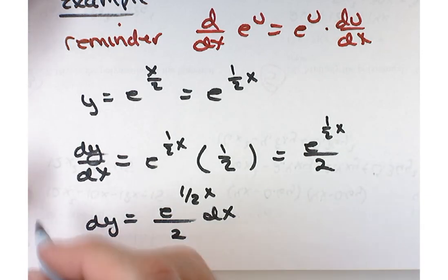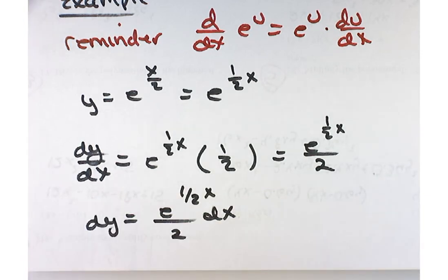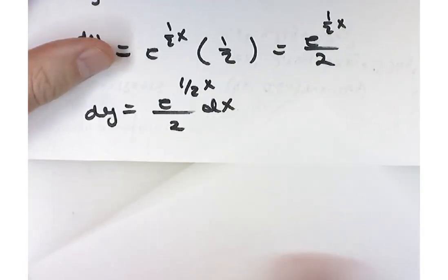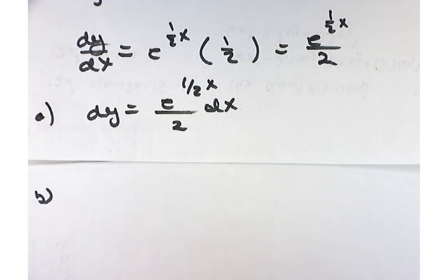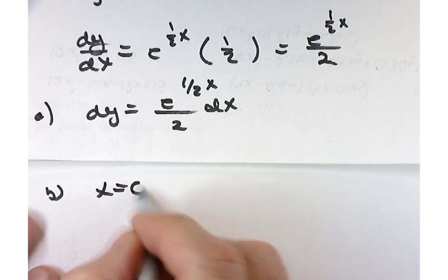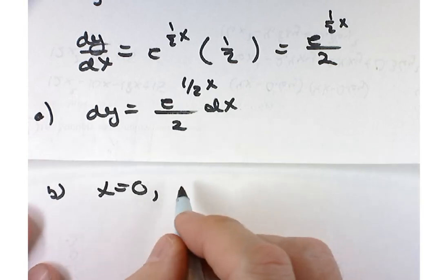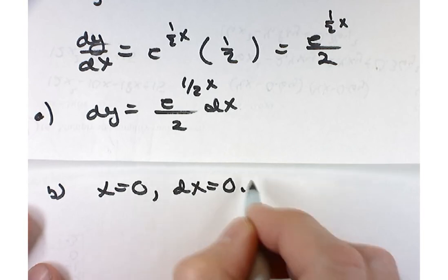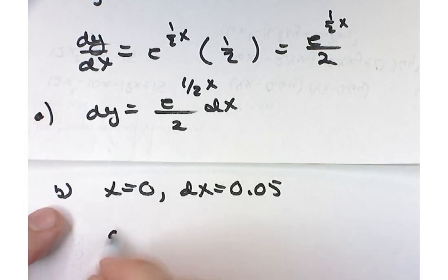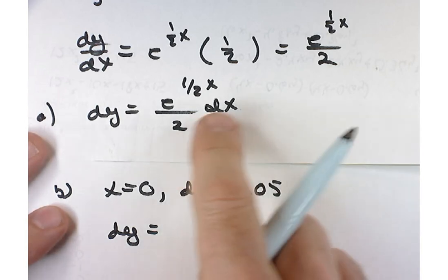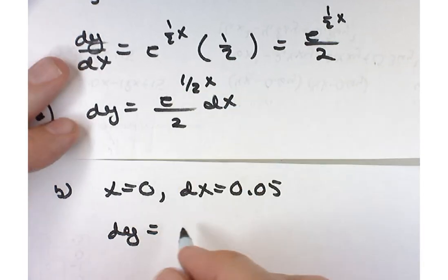That's your part A. Now there's a part B on this as well. Part B says, if x is 0 and delta x or dx is 0.05, find dy. Well, that's going to mean plugging in these values for x and dx respectively.